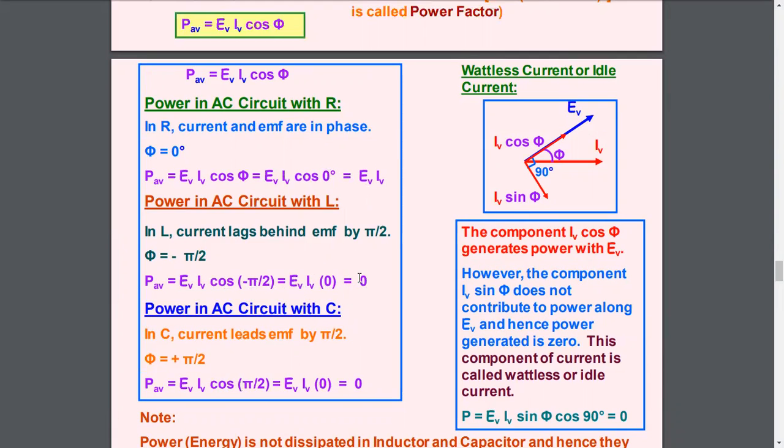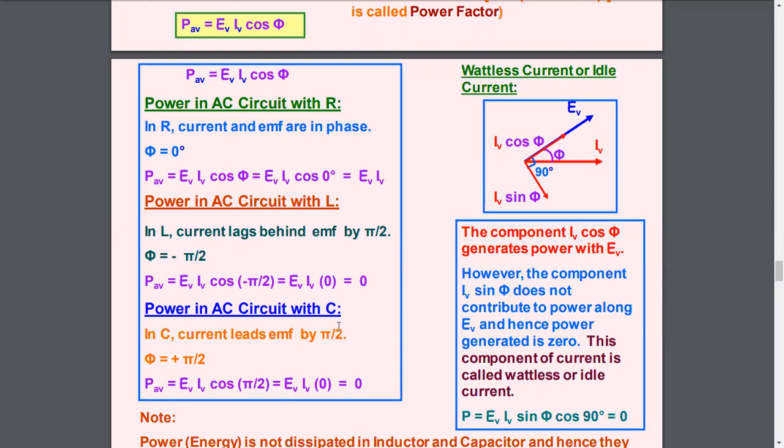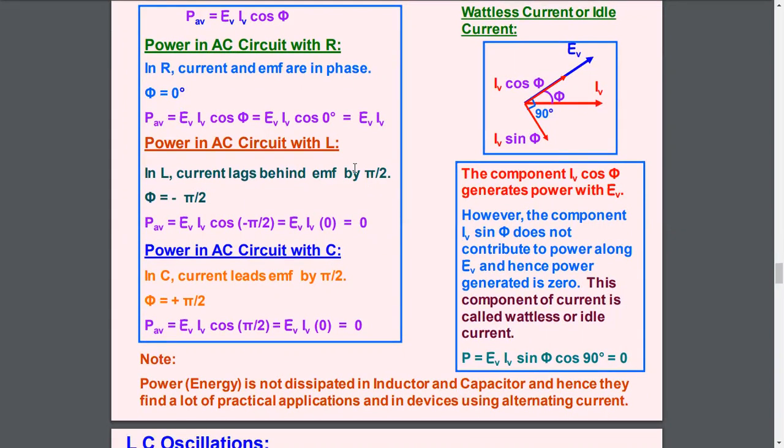Although there is current across the inductor and capacitor, the power is zero, so wattless current exists there. Across the resistor, 100% of the power is dissipated, so maximum power is consumed across the resistor.